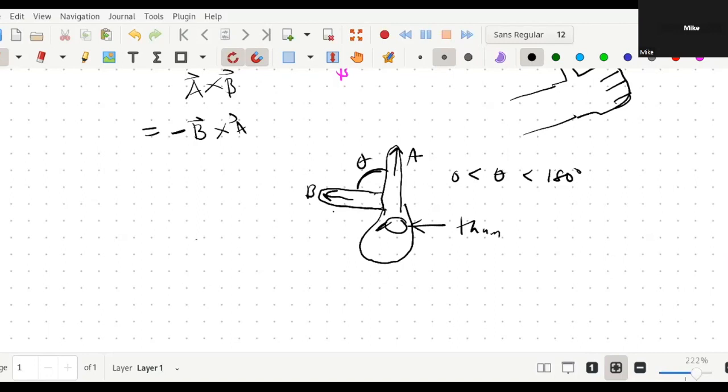This is useful when you need to visualize where the cross product is. It's a way to construct, from two given vectors, a vector that's normal to the plane where A and B lie.